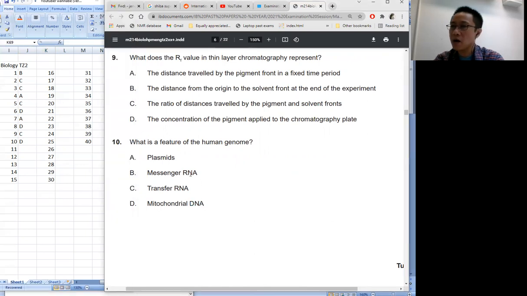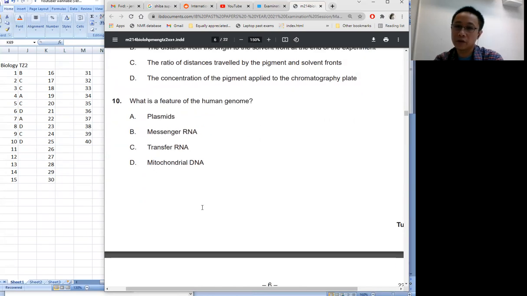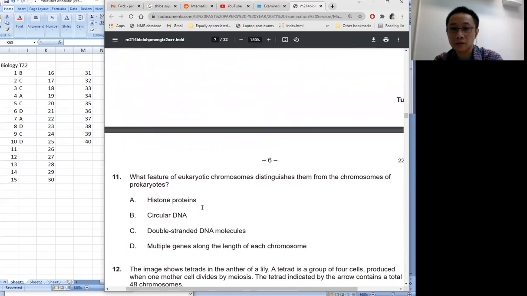Because you make mRNA using DNA as a template, but mRNA is not permanent, and transfer RNA doesn't really code for any proteins. They help the synthesis of proteins. But messenger RNA does help the synthesis of proteins, but I would just go for mitochondrial DNA for now, and hopefully I don't embarrass myself.